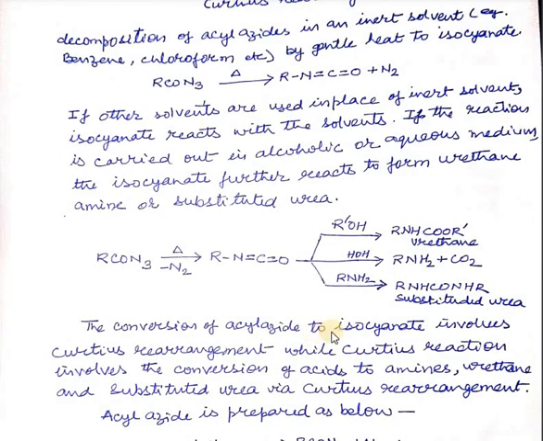The conversion of acyl azide to isocyanate involves Curtius rearrangement, while the Curtius reaction involves the conversion of acid to amine. Acid will give azide, azide will give this isocyanate, and isocyanate further reacts with water to give this amine. So this whole reaction is called Curtius reaction.